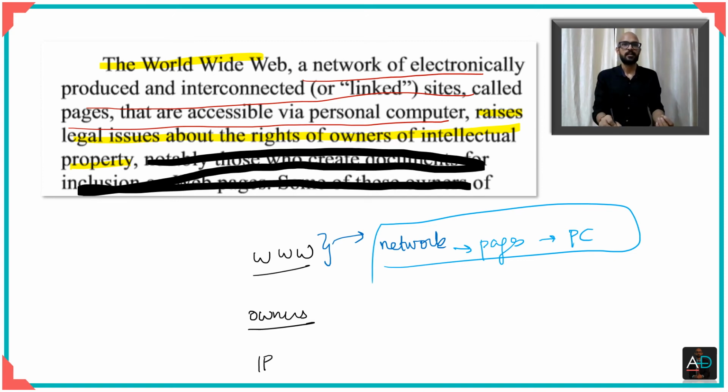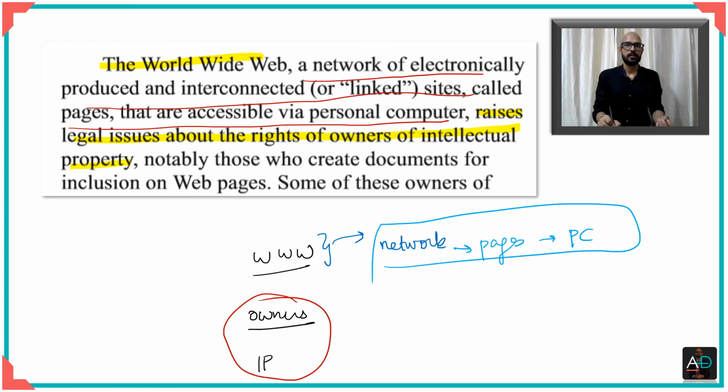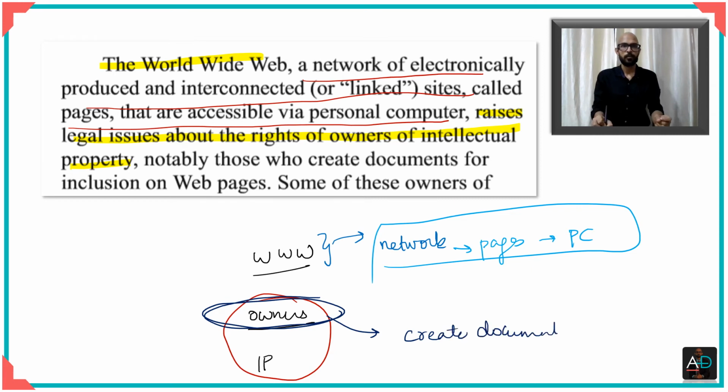It says raises legal issues about the rights of intellectual property of the owners. And then if I remove the next part, it says notably those who create documents for inclusion on web pages. So it's talking particularly about certain kinds of owners. Who are those owners? These are the owners who create documents for putting on web pages.